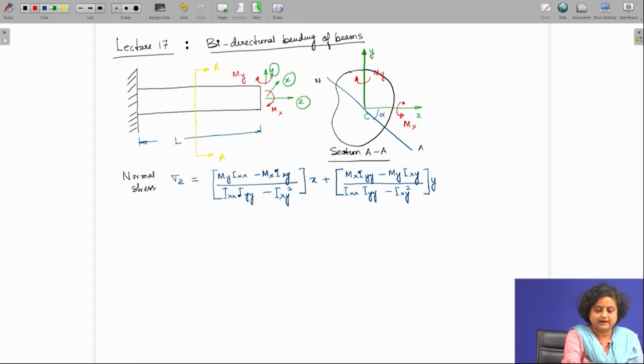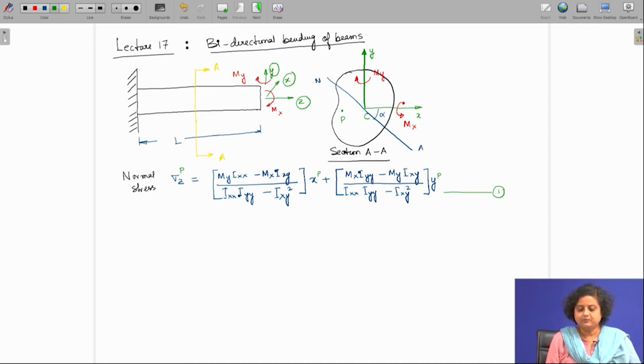Then we said that if we take any arbitrary point P on the cross section, then sigma z at point P, or the normal stress at that point, can be written in this form, where xp is the x coordinate of point P and yp is the y coordinate of the point P. By this equation, which I call equation 1, we can obtain the expression of sigma z at any arbitrary point on the cross section.